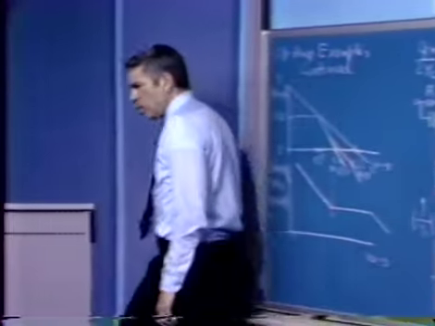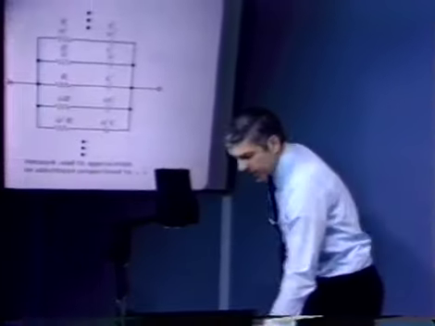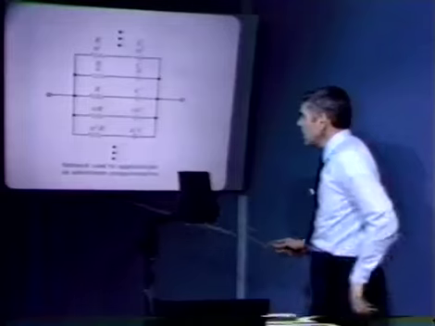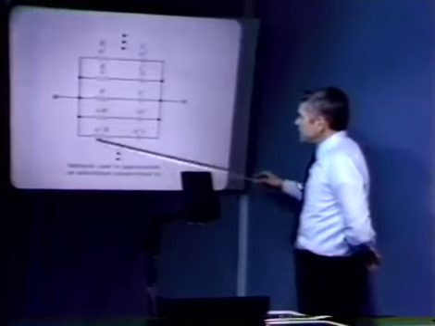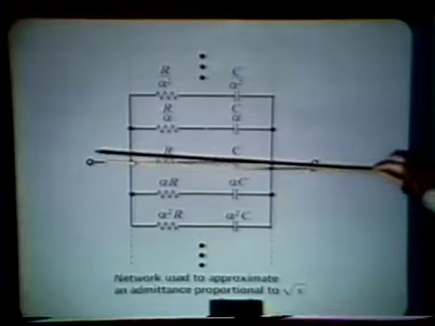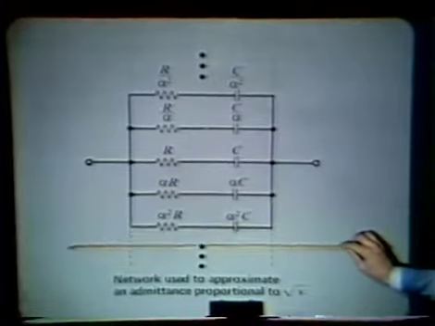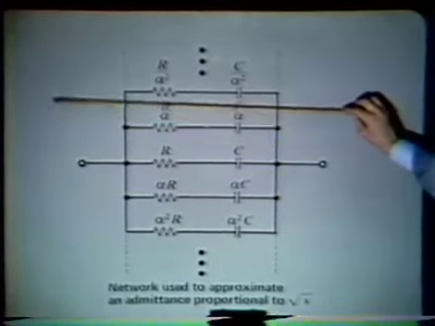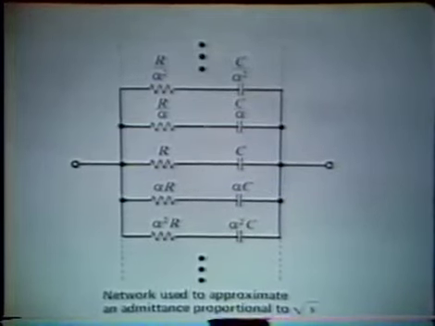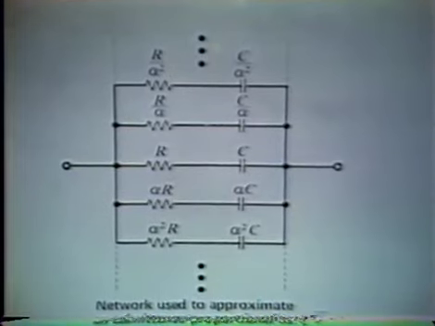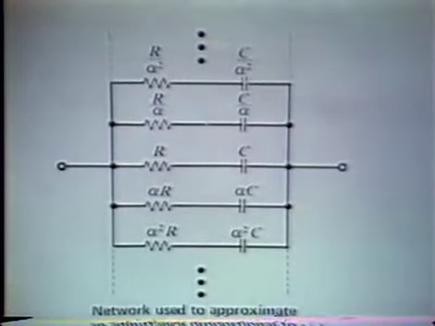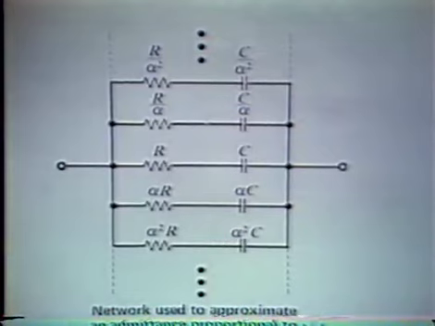So what we would choose to do is use a network that looks something like this. If alpha's a number larger than 1, if we start in the middle, for example, both resistors and capacitors get larger as we go this way in the ladder. As we go to higher rungs in the ladder, resistors and capacitors get smaller. And you can chase that through and analyze that sort of a network.